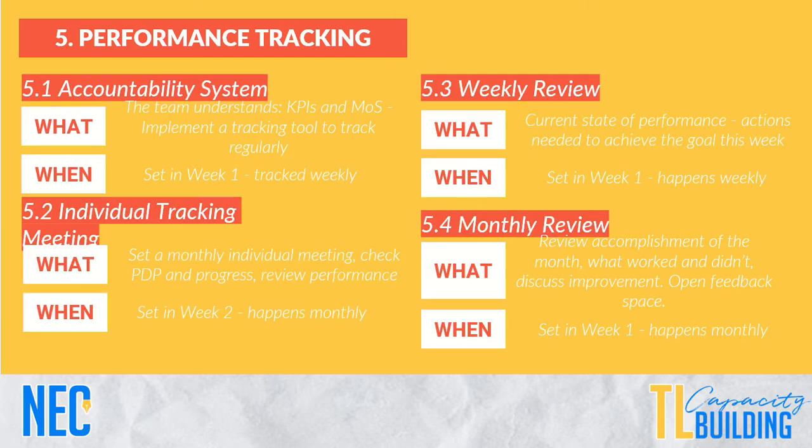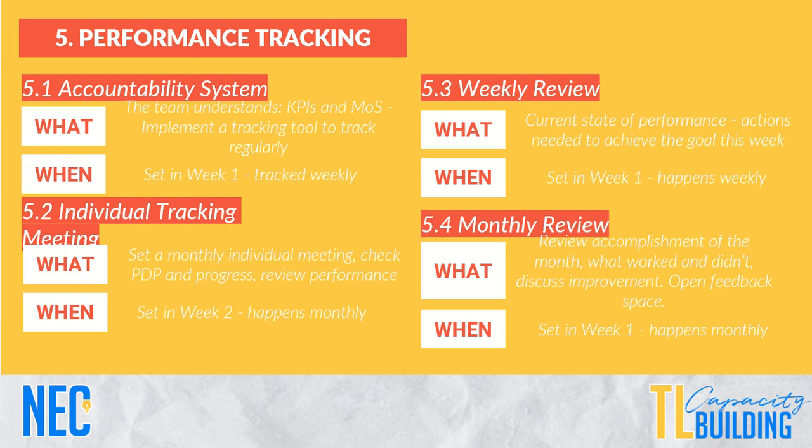So in this part, the accountability system, what does this mean? So this just means that our members are being kept accountable of the things that they need to do. So the team needs to understand what are the key performance indicators, which mean basically the milestones that allow us to get to our goal, which is the measure of success, the final measure of success.